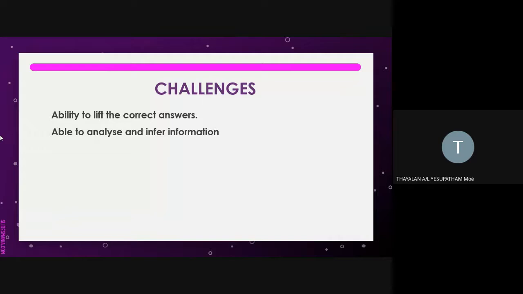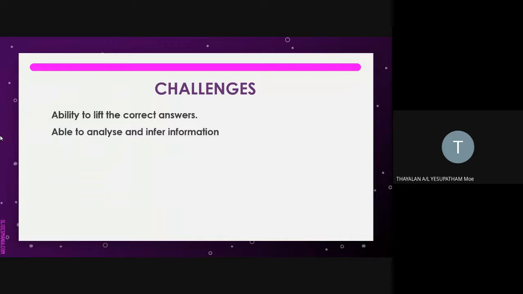So you need to thoroughly understand the text and also understand the context of the question for you to be able to lift the answer within the word limits given. Because normally the word limits are given. For this particular part, you can only lift nothing more than 3 words. So for that, you need to be able to analyze and infer information. Sometimes there would be a need for you to change the form of a word. It could have been in the form of a verb, and you might want to convert it into a noun. There can be rare cases of such.